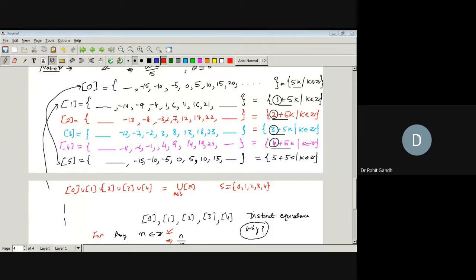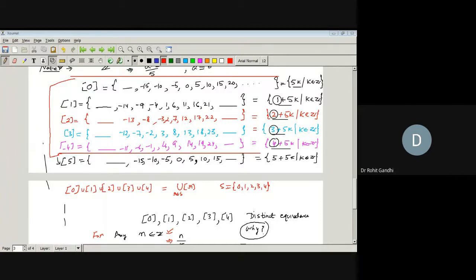Now, if you take the union of this, I am erasing these arrows also. So you see the union of these from 0 to 4. I am going to put these things in a box. So take the union, right? I'm giving you 30 seconds.